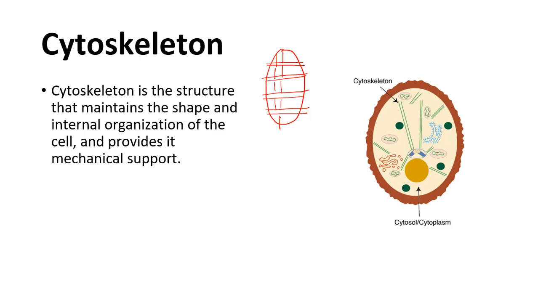And because of this mesh-like structure, I can keep the shape of my cell intact. So these thin structures are said to be microfilaments, whereas these are said to be microtubules. These microtubules and microfilaments give structure to the cell.